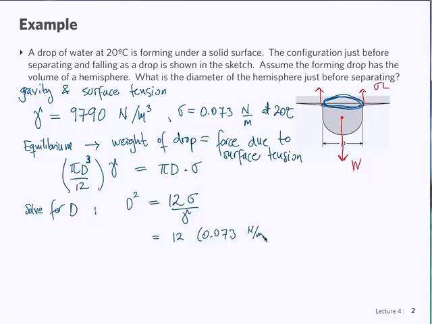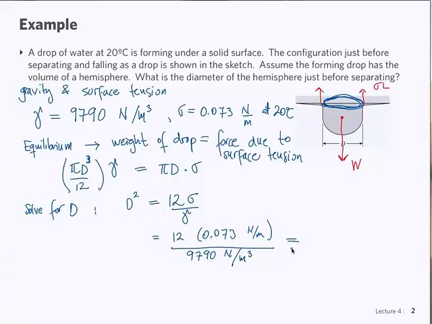Just to make sure that everything is correct, we carry our units all the way. 9790 newtons per cubic meter. And sure enough, this will cancel out the newtons, cancels out 1 meter and gives me a meter squared, which is correct for the diameter.